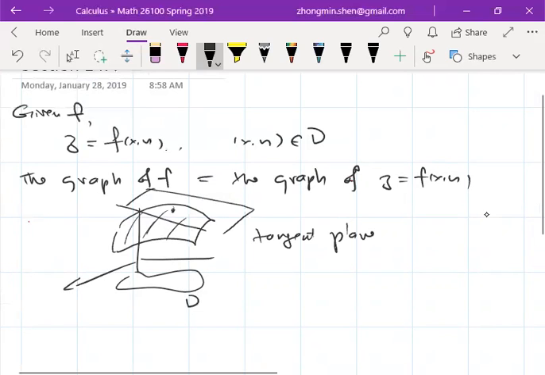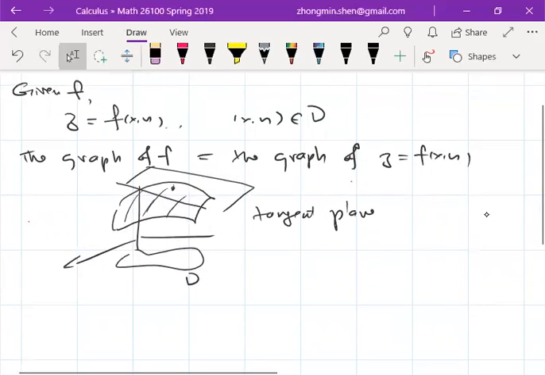Since we already studied how to find the cross product, the idea is that I'm going to find two tangent vectors to the surface.